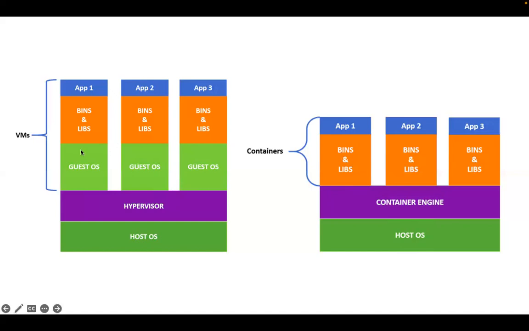But in the case of these virtual machines, the applications will use the kernel of the guest operating system, and we have to assign some resources to these particular machines in order to run. Here, all these resources stay with the host operating system, and containers use them as per their requirements.